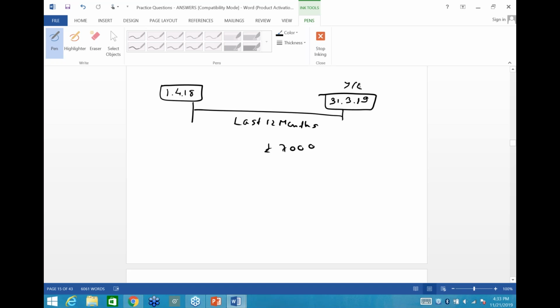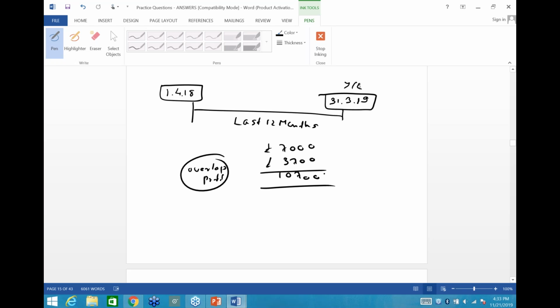But don't forget, if you have incurred an overlap profit, you can add that amount to the trading loss incurred already. Therefore, your terminal loss in this instance is £10,700.